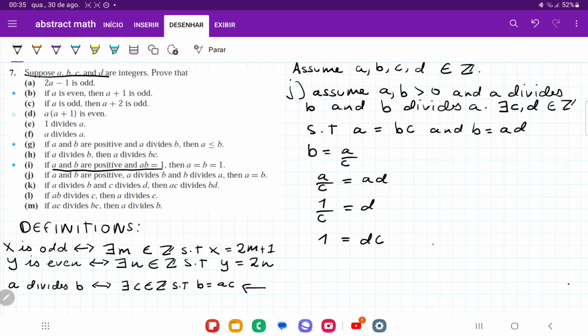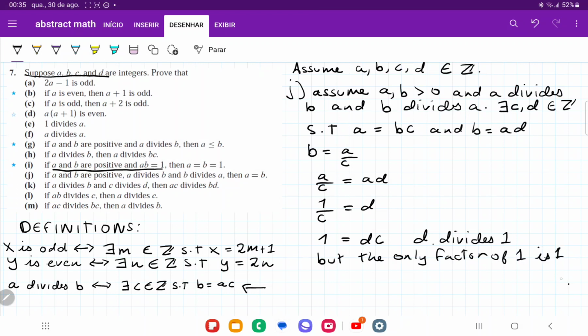So what happens here? This means that D divides 1. It fulfills the definition for a divisor, right? But the only factor of 1 is 1.